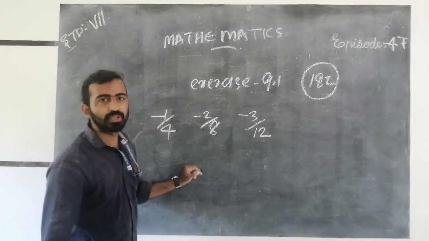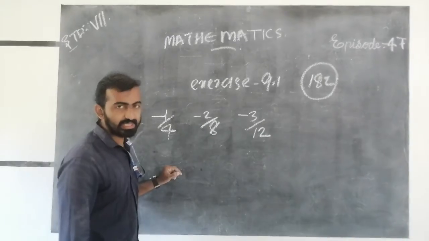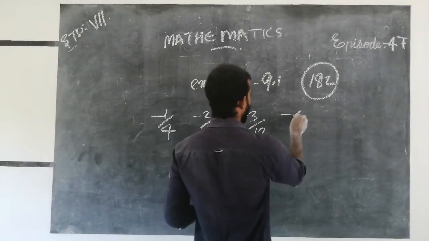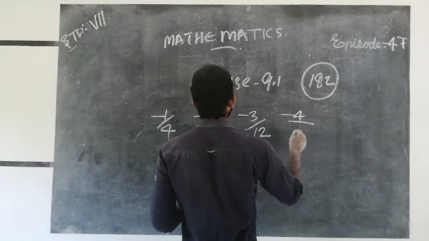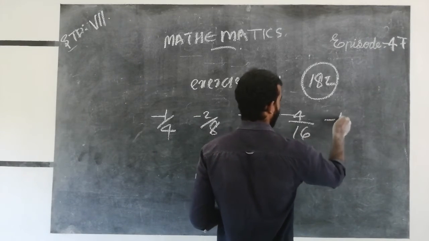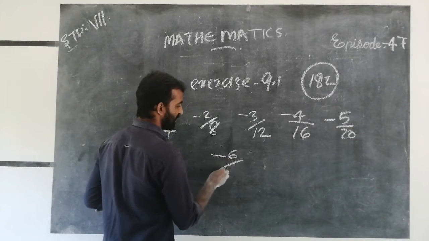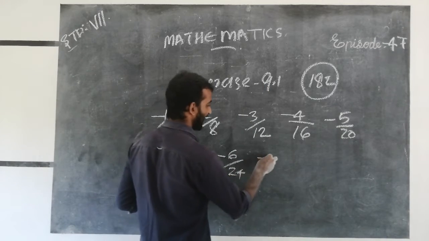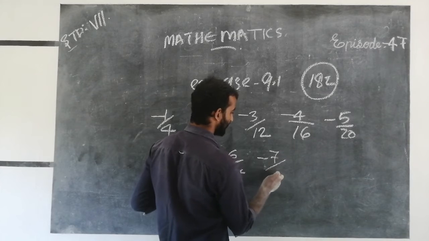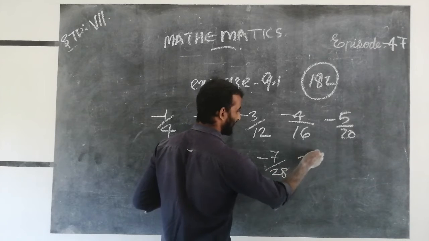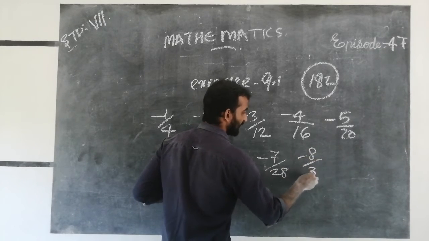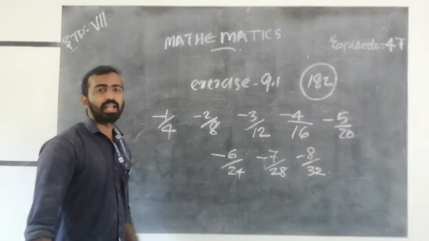And what is next? We get negative 4 by 16, negative 5 by 20, negative 6 by 24, negative 7 by 28, negative 8 by 32.